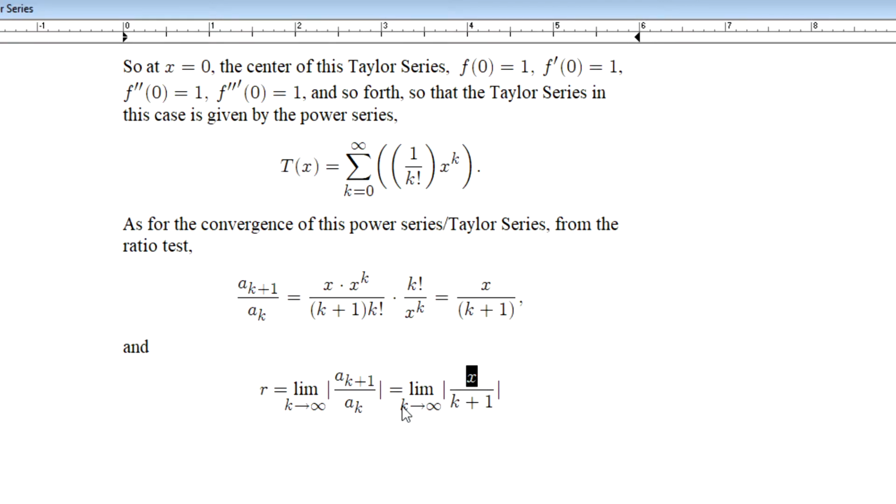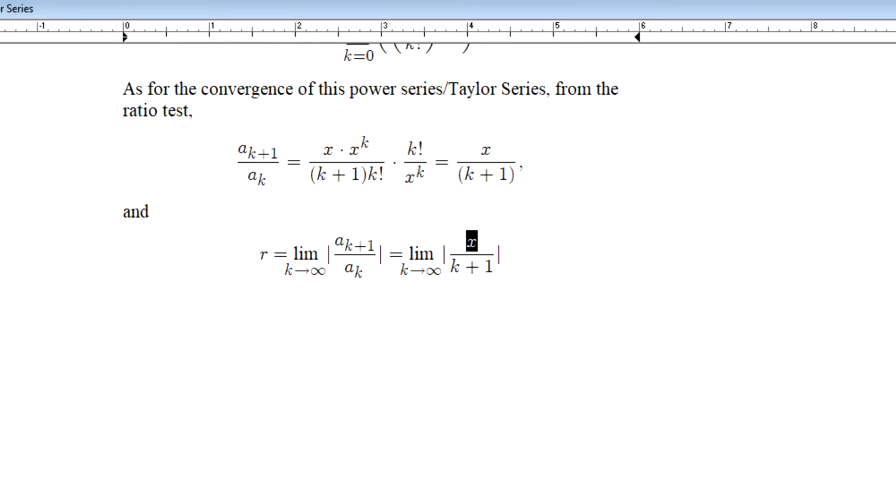And then furthermore, if we think about this being a limit with respect to k, the value of x is a constant, and its absolute value can be factored out of the limit as a constant multiple of the limit. And if we see that setup, that will produce this setup.